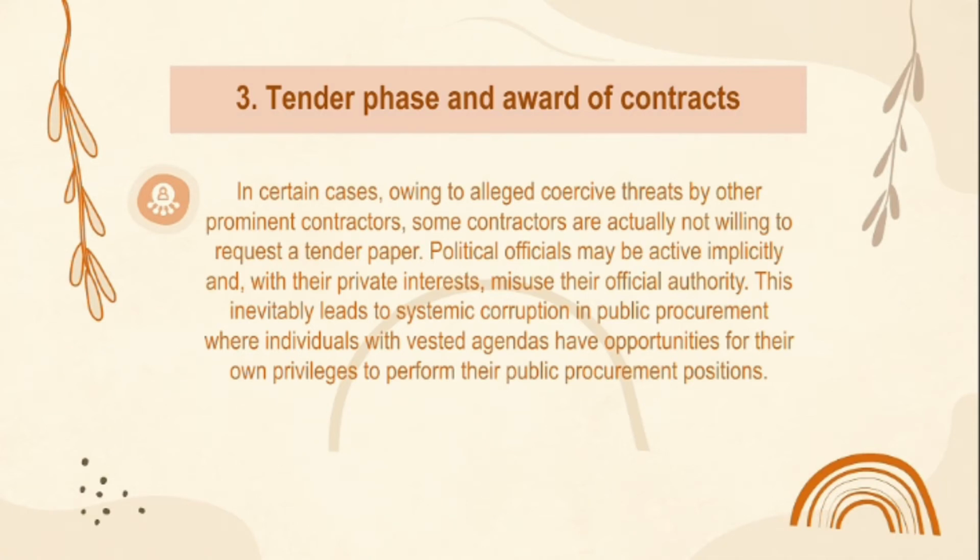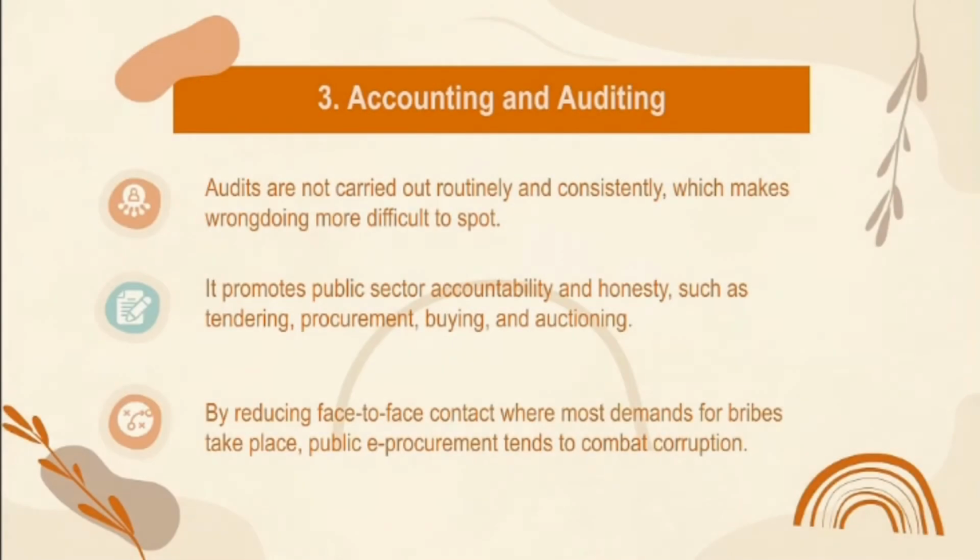So political officials may be active implicitly and with their private interests misuse their official authority. This inevitably leads to systemic corruption in public procurement, where individuals with vested agendas have opportunities for their own privileges to perform their public procurement positions.